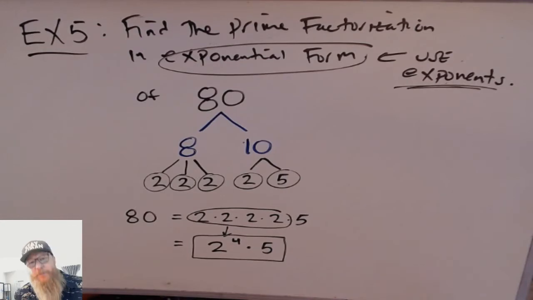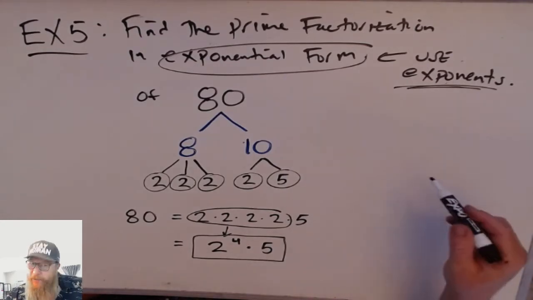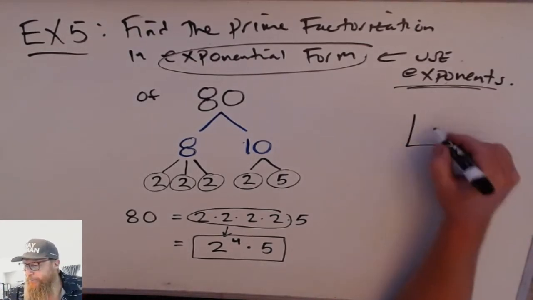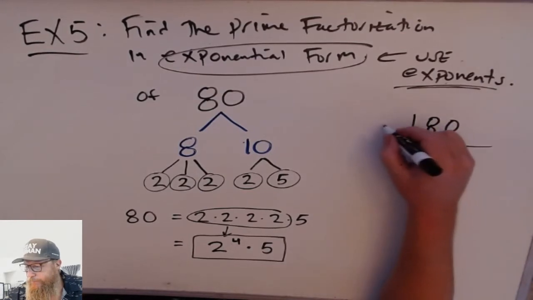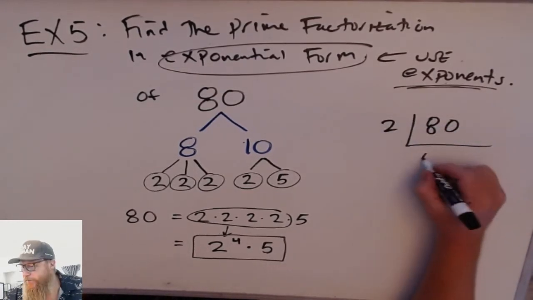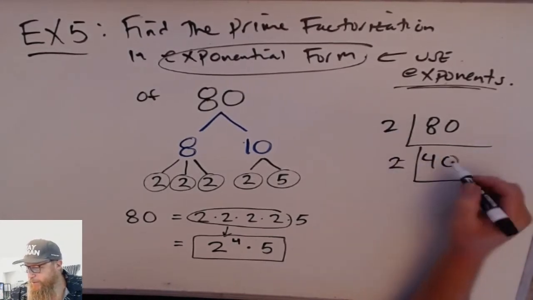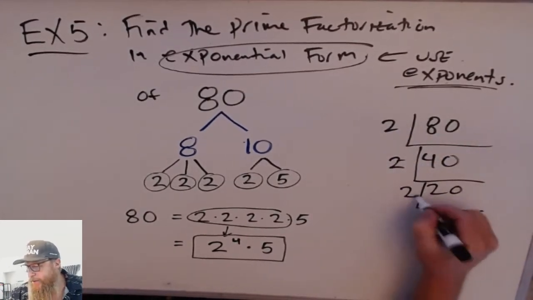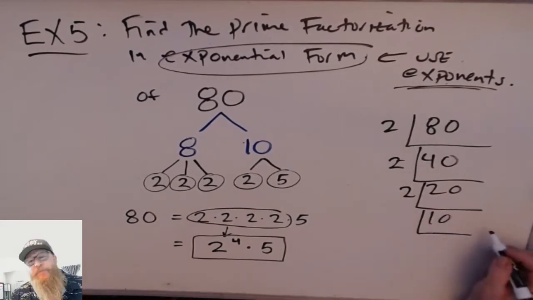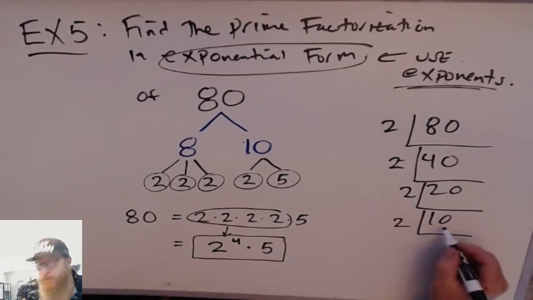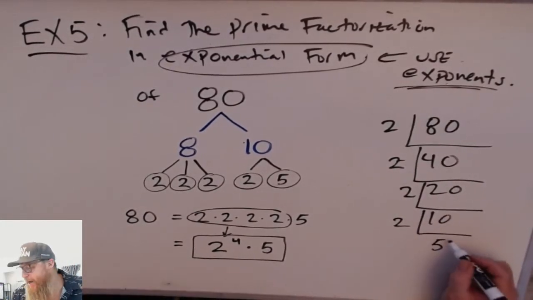It would take up a huge space. You know, you go 80 divided by 2. Actually, let's do it. 2 goes into 80 40 times. 2 goes into 40 20 times. 2 goes into 20 10 times. 2 goes into 10 5 times.